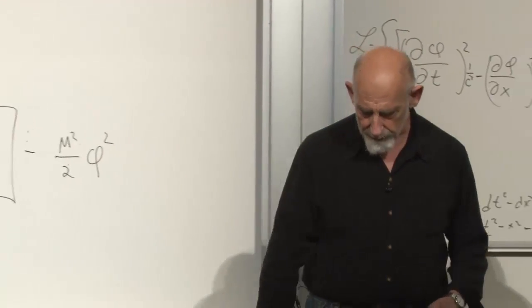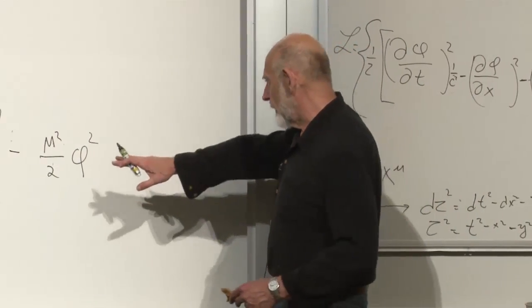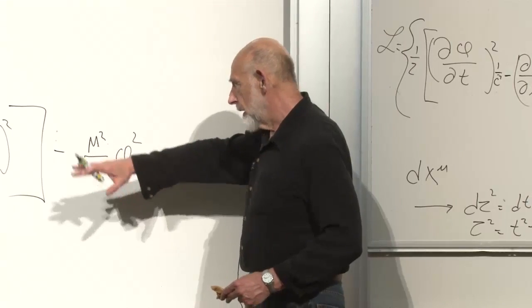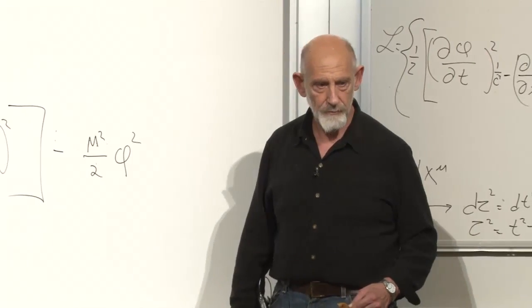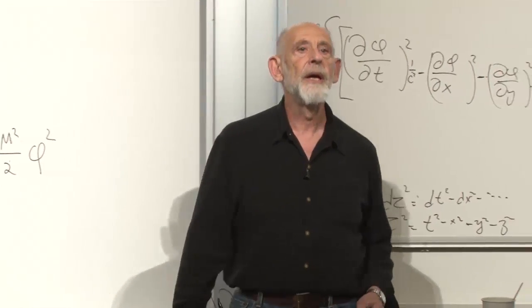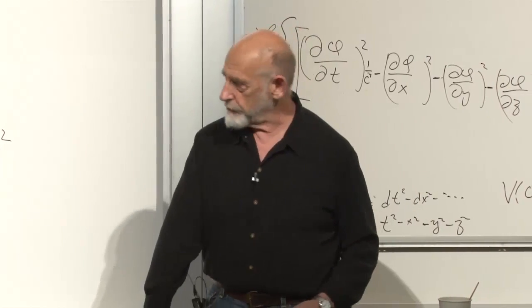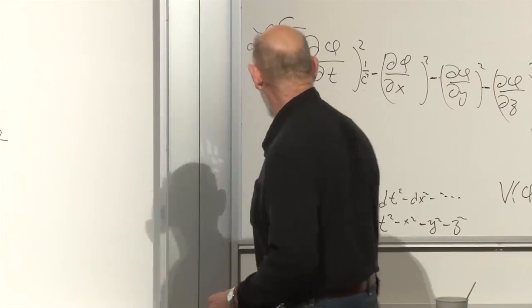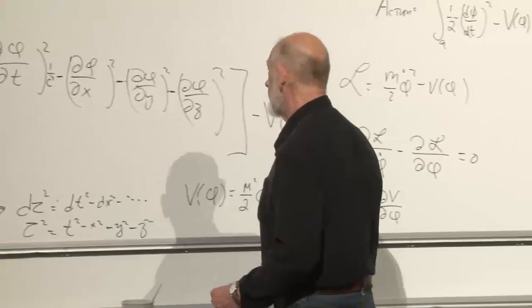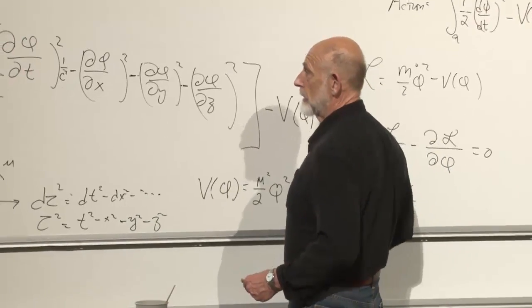That's our simplest field theory. In fact, it's even simpler if we don't have this term there, if we only have this. And it's a very simple field theory. It's a wave equation. It gives rise to a wave equation. Where did we write the equation? We did write the equation, but I've lost it.